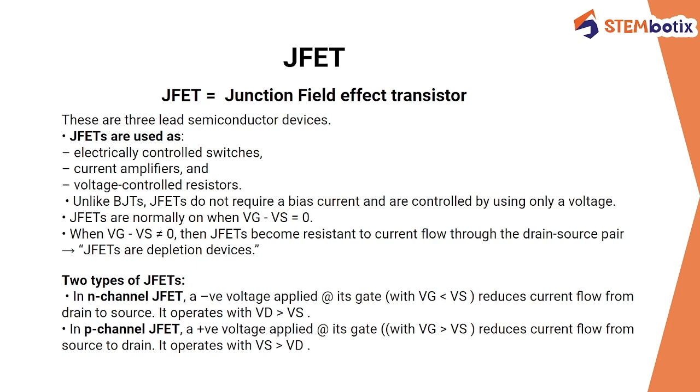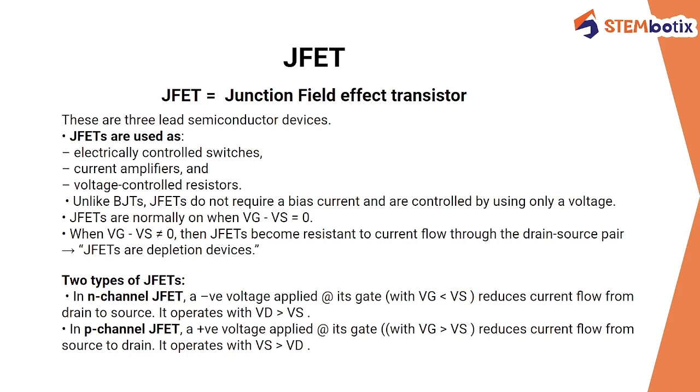JFETs are normally on when VG minus VS, meaning voltage at gate minus voltage at source, is zero. When VG minus VS doesn't equal zero, then JFETs become resistant to current flow through the drain source pair, so JFETs are depletion devices.